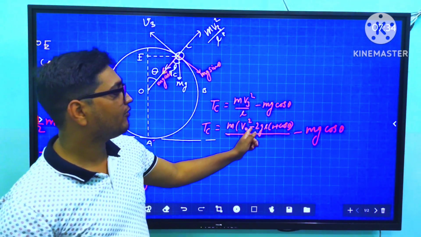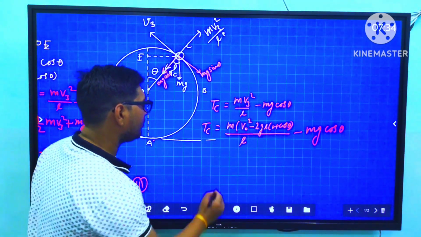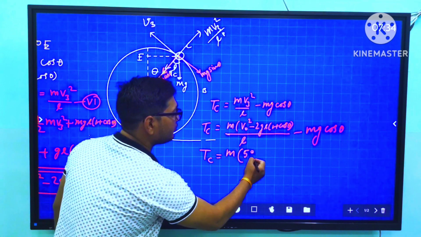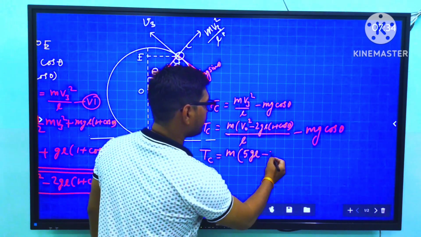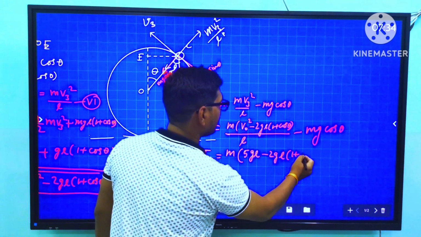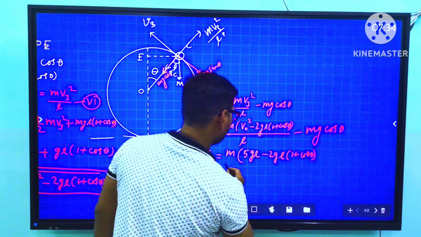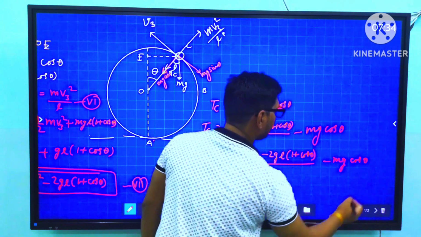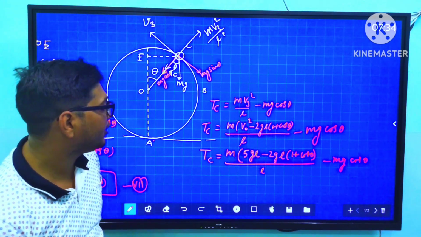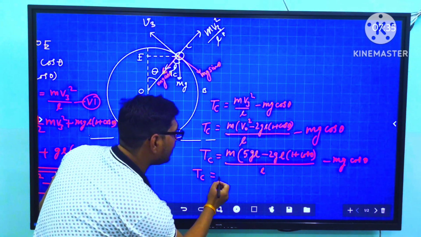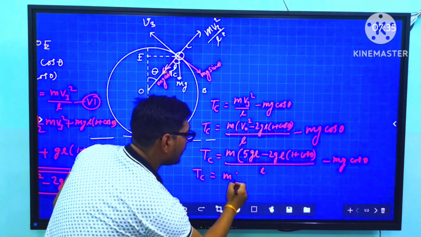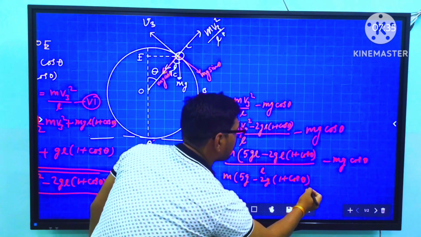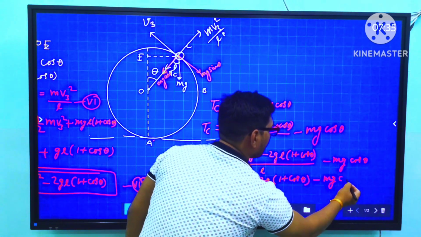Now I will put the value of V0 from the previous equation. Then the tension comes out m times, V0 square being 5gL, minus 2gL(1 plus cos theta), divided by L, minus mg cos theta. Now divide the L from the numerator and denominator. The tension at point C will be m into 5g minus 2g(1 plus cos theta) minus mg cos theta.